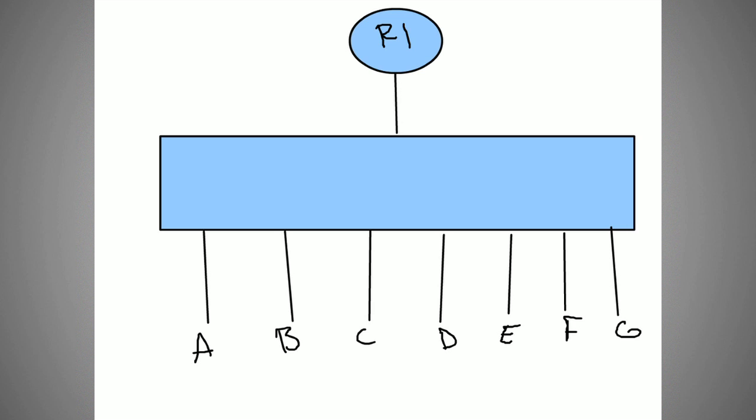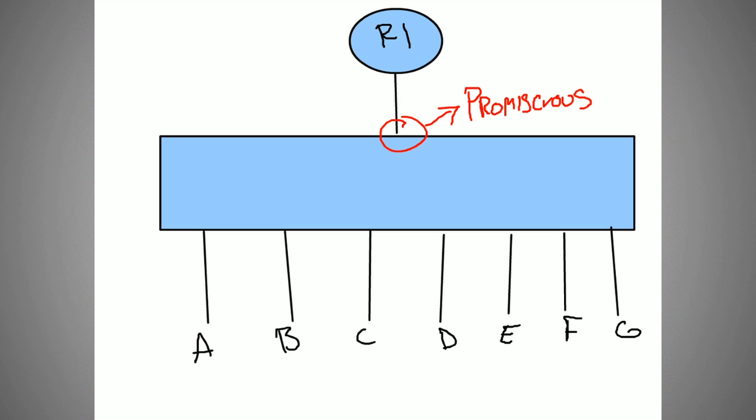Now, under normal designs, we would specify that router 1's port is a promiscuous port. This means that it can talk to anybody that is in the private VLAN. So it can talk to A, B, C, D, E, F, G. There's no restrictions.